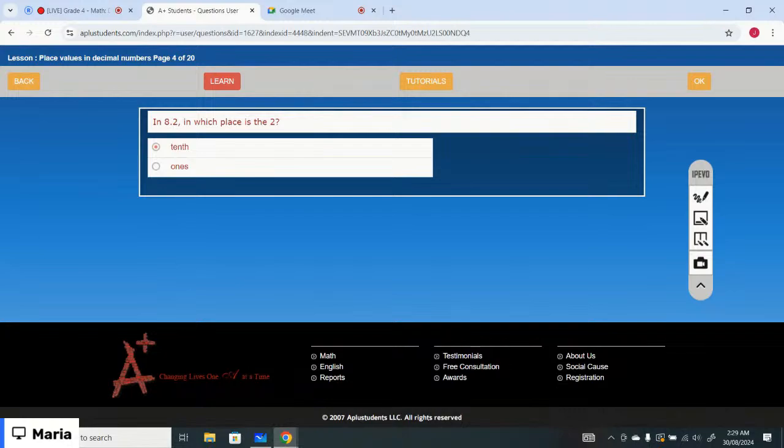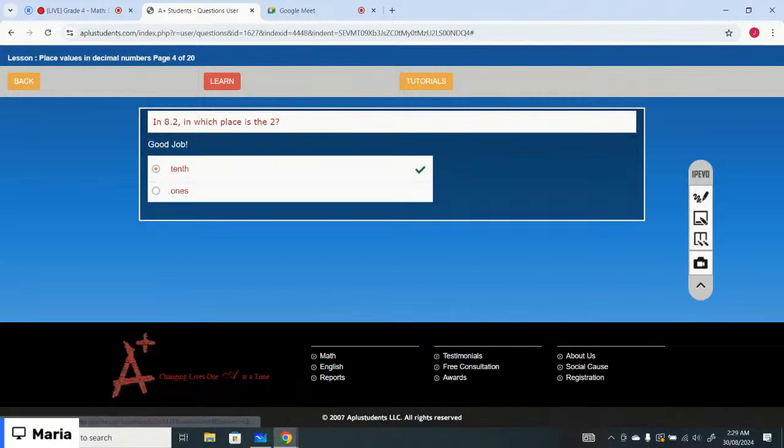Option number 1 is the correct option, right? 2 is at the tenths place. Option number 1 is the correct option.